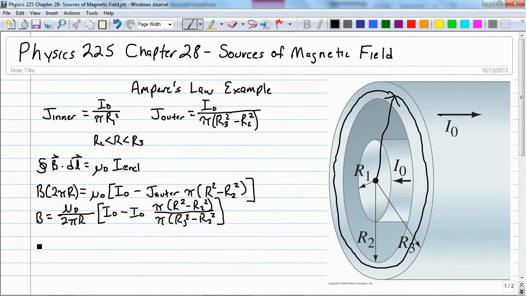Now the I naughts can come out. And that leaves me with 1 minus, the pi's are going to go away, so I'm going to have r squared minus r2 squared over r3 squared minus r2 squared.